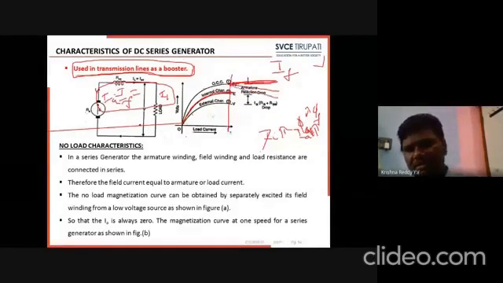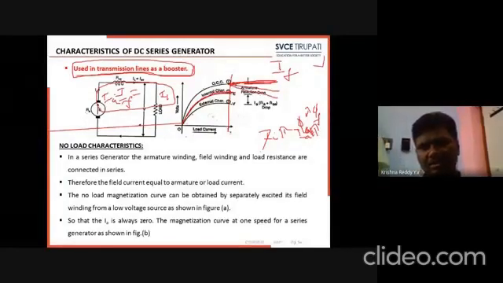But in this case, all are connected in series, so the load current is also equal to the field current. As the load current increases, when you include the armature resistance, it decreases like this. When you subtract the armature resistance drop, the external characteristics are below the internal characteristics.